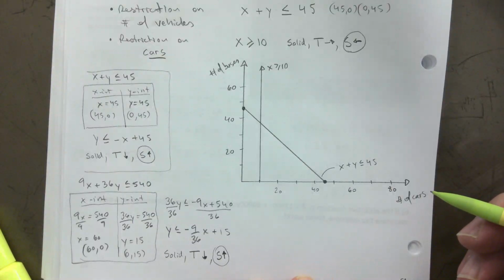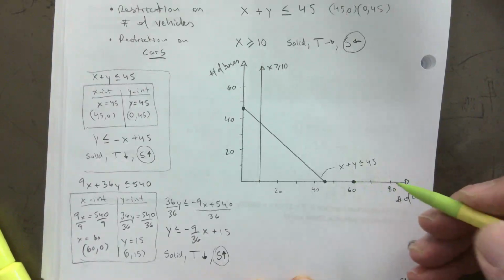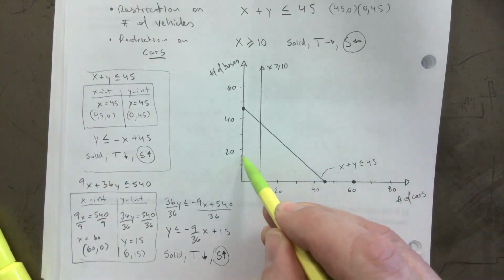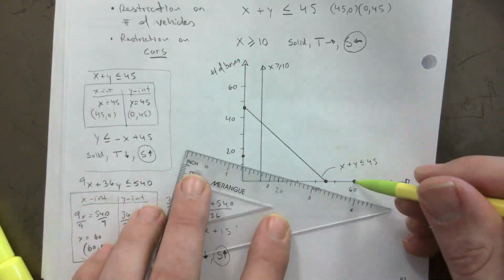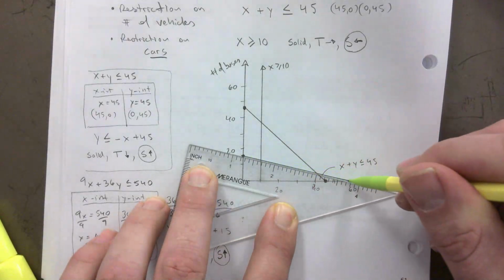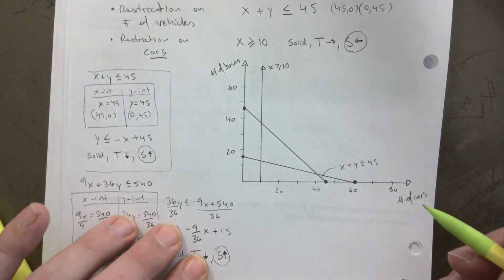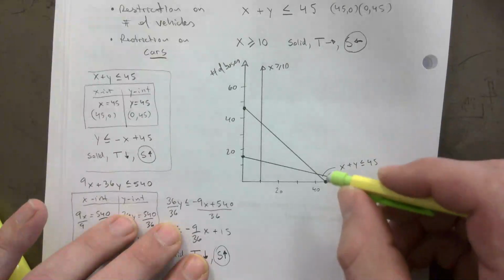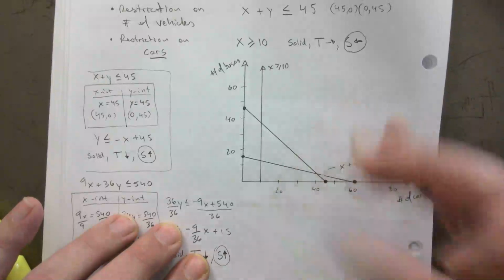And my last one is at 60, 0 and 0, 15. So 15 is right there. Oh, now the labeling is pretty shady here, so you kind of have to navigate this carefully.